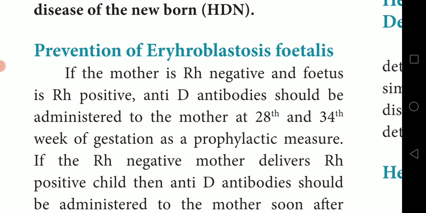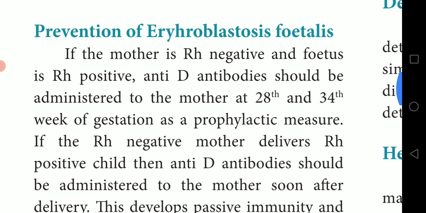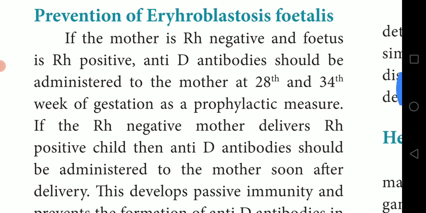If the mother is Rh negative and the fetus is Rh positive, anti-D antibody should be administered to the mother at the 28th and 34th week of gestation as a prophylactic measure.